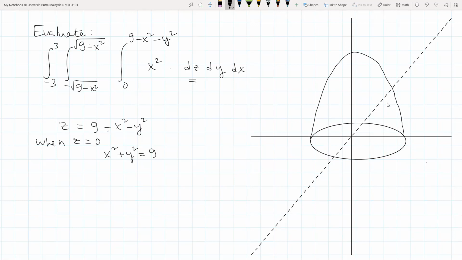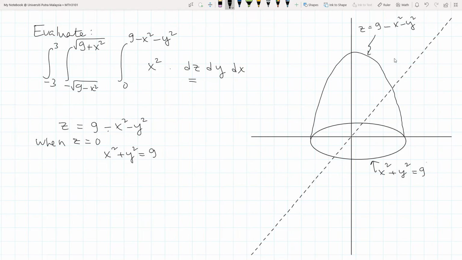So this is the equation for x squared plus y squared equals 9, and this is z equals 9 minus x squared minus y squared.